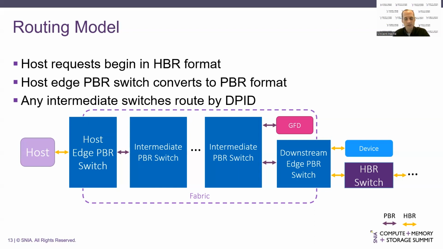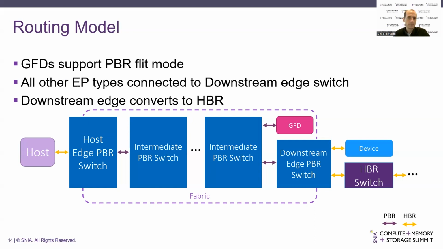So the intermediate switches are going to route based on DPID. If the target is a GFD, well, GFDs have been defined exclusively for fabric mode. So they operate in PBR flit mode. So transactions will be routed directly to a GFD in that PBR flit mode.